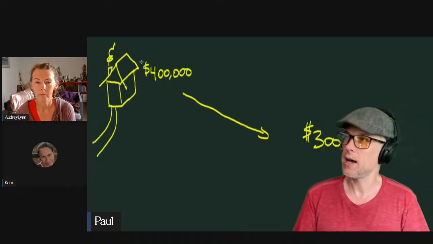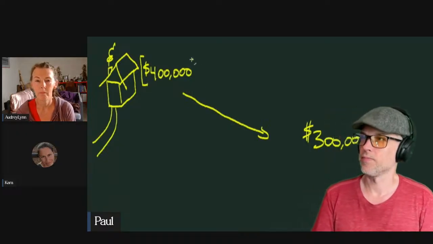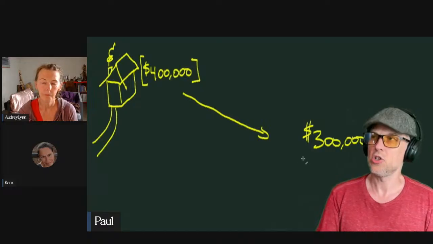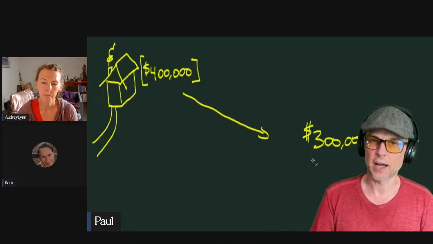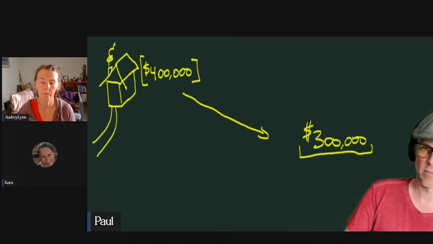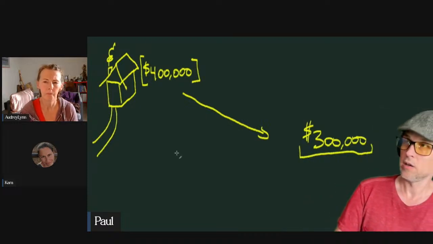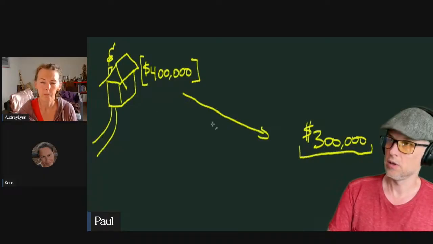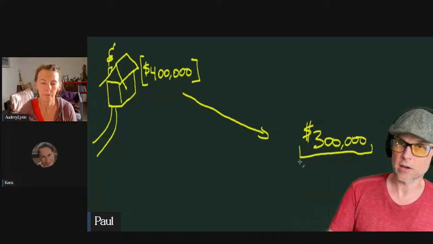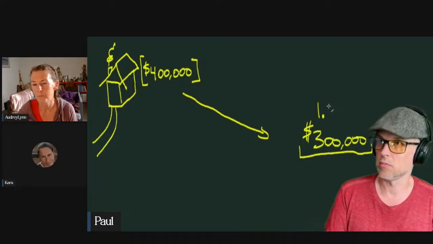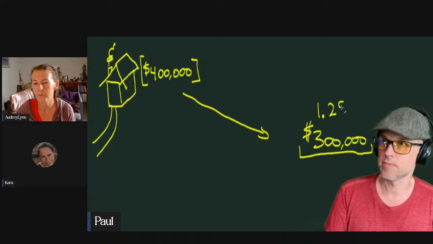You take out the loan for $400,000 and you say, I'm going to buy real estate with it when the price is lower. Normally, I would be able to get one house, but 6 years later, I'll be able to get 1.25 houses.